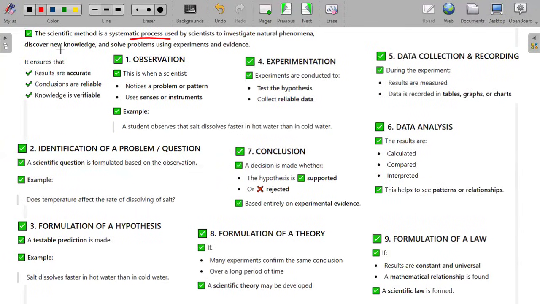This scientific method ensures that the results are accurate, reliable and verifiable, meaning we can verify them. We have about 9 steps, but they usually summarize them into 5. But I just want to talk about everything on how this scientific method happens.